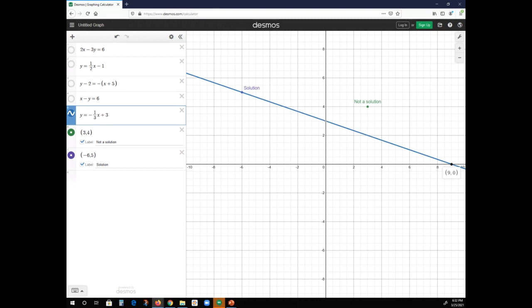The point is, when you're finding solutions to a linear equation in two variables, you can pick any number you want for one of the variables, and you'll always get a solution when you solve. That's very different from linear equations in one variable, because in one variable, you don't get to pick anything. You get one number, and it's always that number. But for linear equations in two variables, you have infinite solutions, and it depends on what you pick.